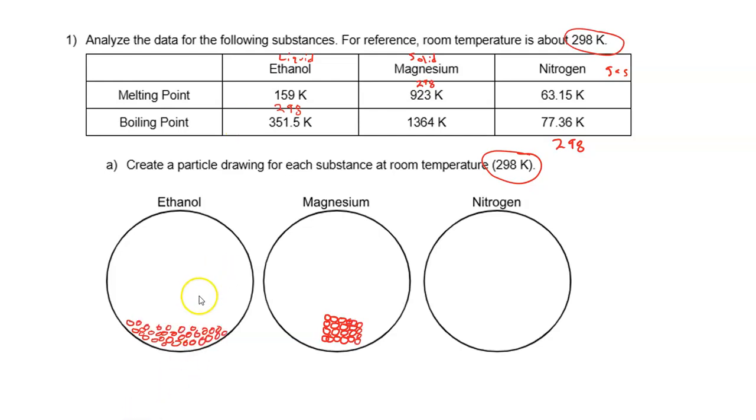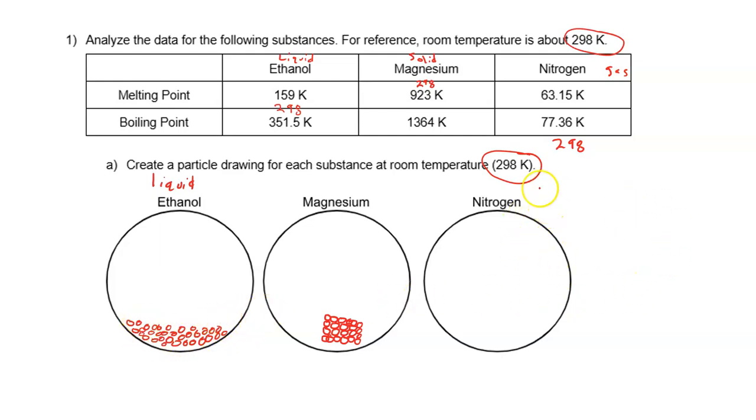So the first thing we would have been looking for was, does the liquid, ethanol, have particles that are still closely together, but don't have a definite shape. They take the shape of that container.